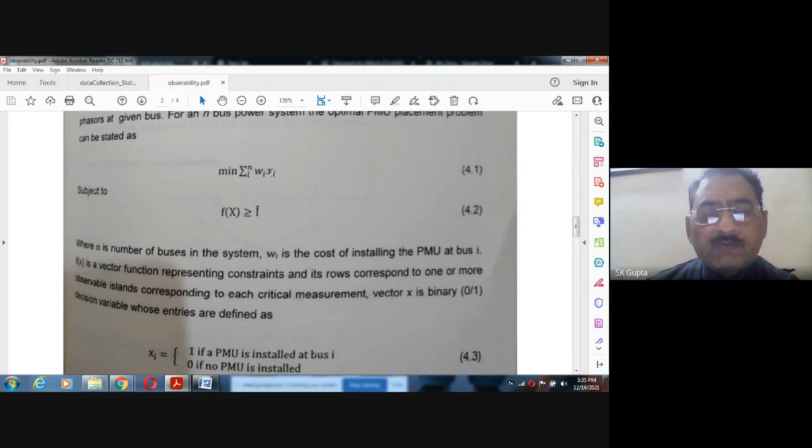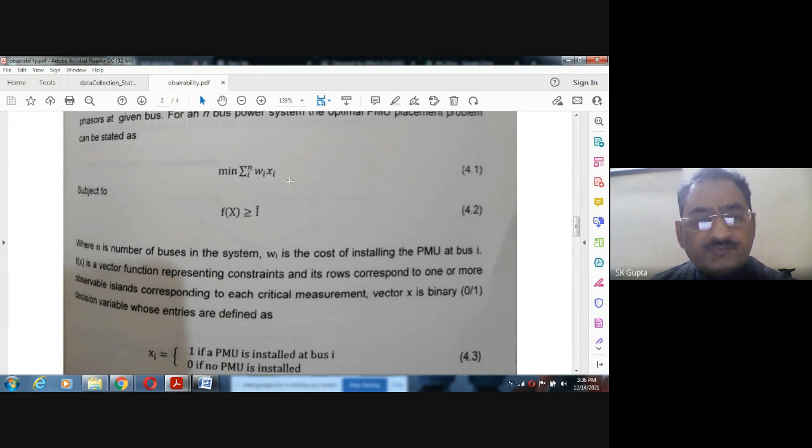So it can be 1 or 0, which means if out of an n-bus system, say at 5 buses the PMUs are connected, then you can say W1, W2, W5, and so on out of n. So this cost is to be minimized.